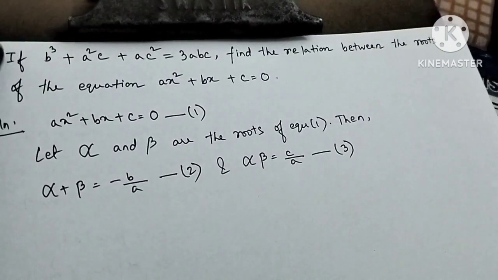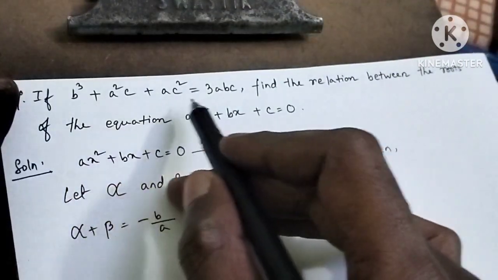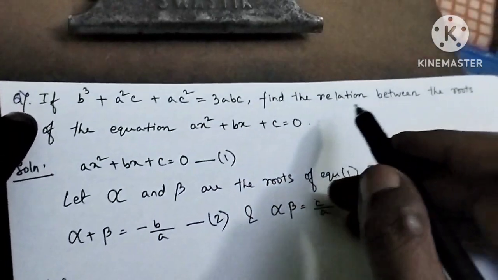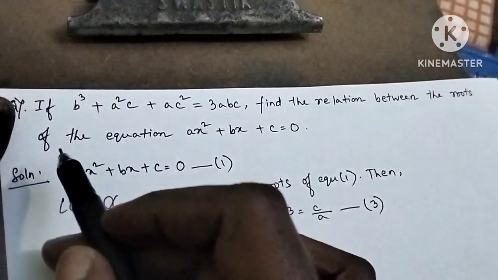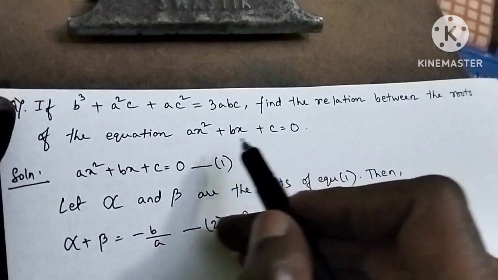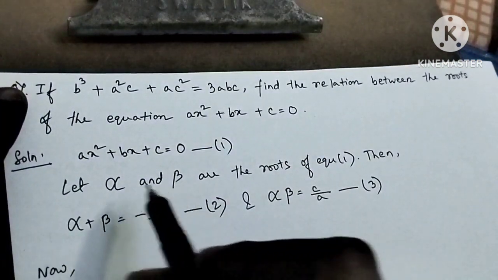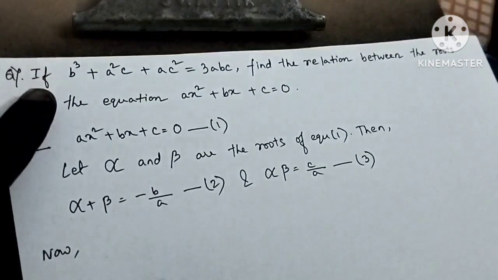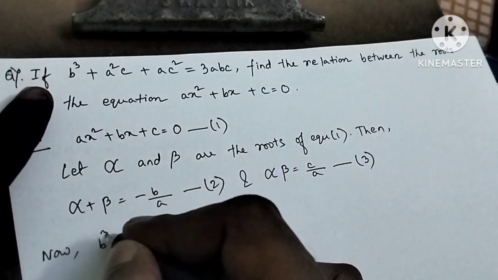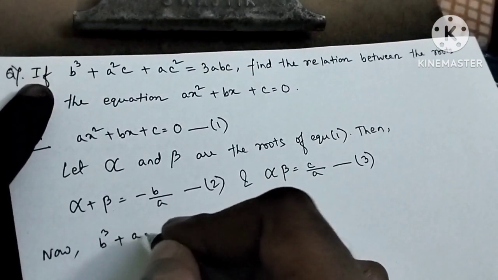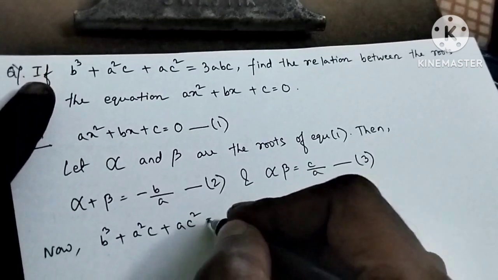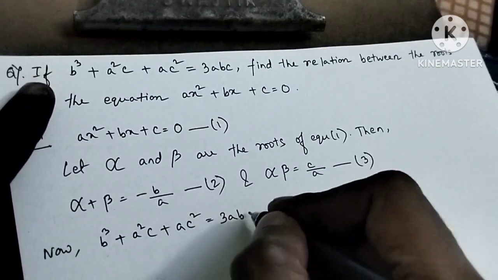Now we have to find the relation between the roots of this equation, b cube plus a square c plus ac square is equal to 3abc.